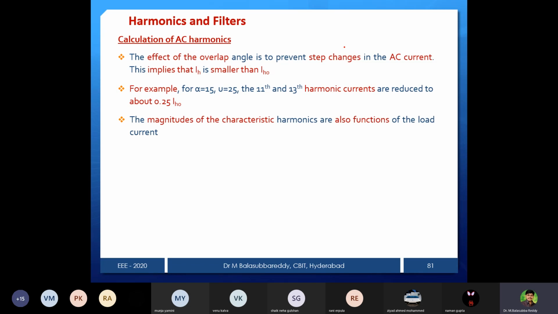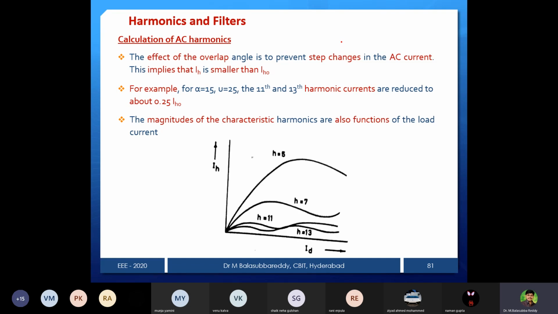The magnitude of the characteristic harmonic is also a function of the load current. Now you can see the load current on the x-axis, and the harmonic current IH by variation of different harmonic quantities, let it be H is 5 and 7, 11, 13 and so on, you will get this flat.